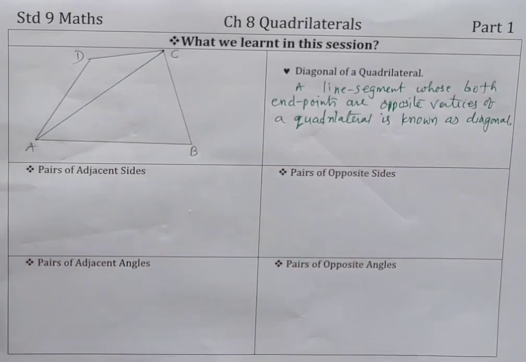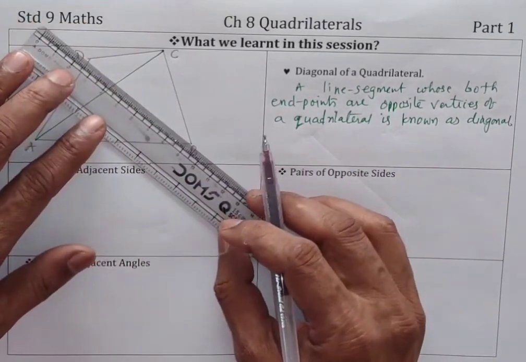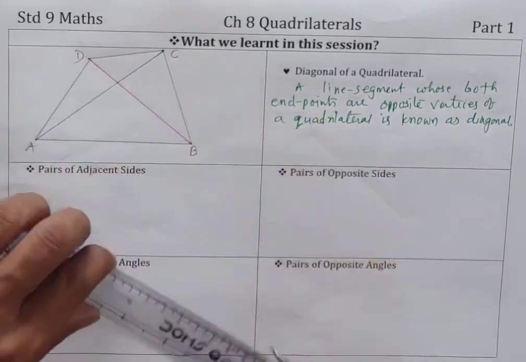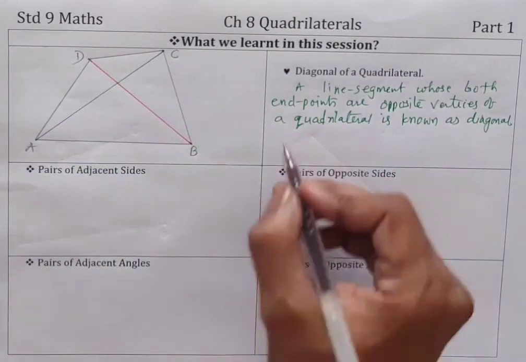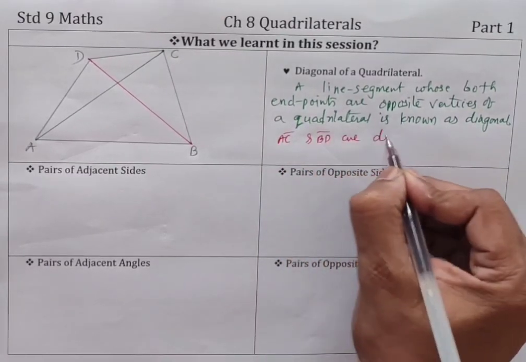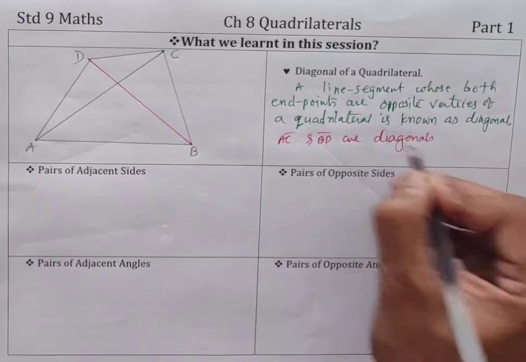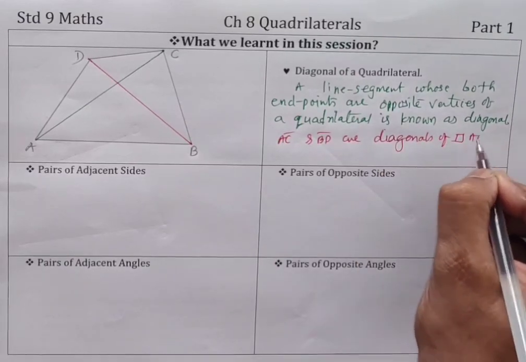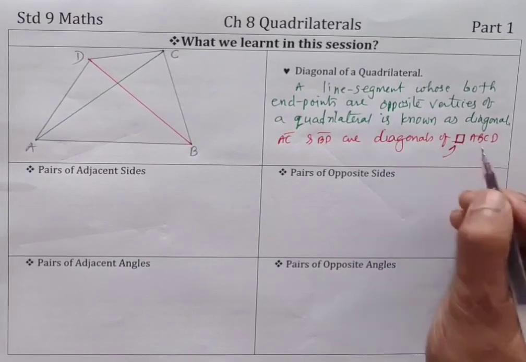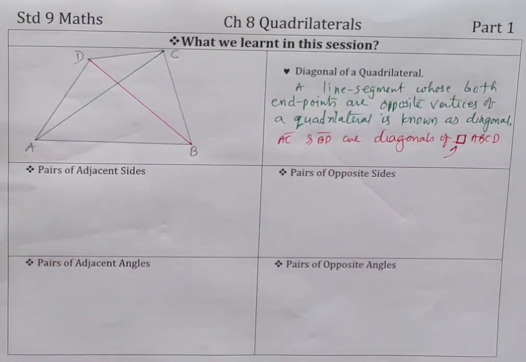Correct? So AC is a diagonal. You can have one more line segment whose endpoints are opposite vertices B and D. So line segment BD is also, yes, AC and BD are diagonals of quadrilateral ABCD. Children, I never discussed this. This is how a quadrilateral is written symbolically.